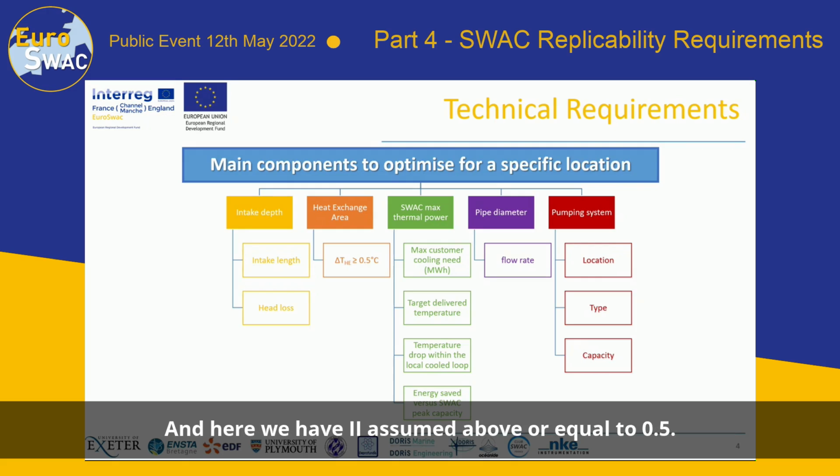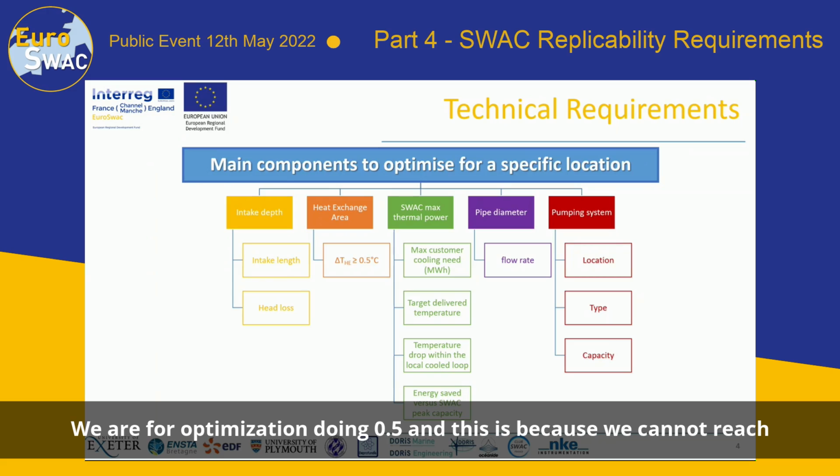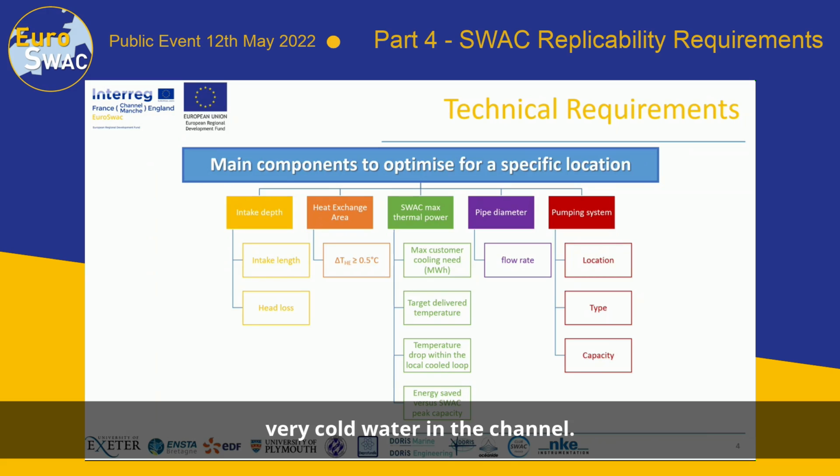And here we have, I assumed, above or equal 0.5. For optimization we are doing 0.5. And this is because we cannot reach very cold water in the channel, and this is probably our optimum.